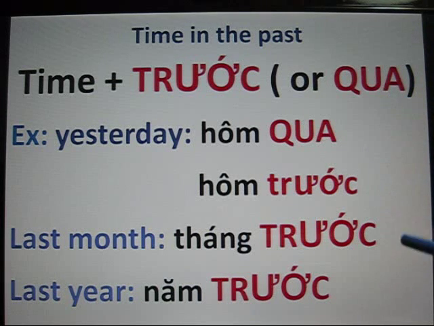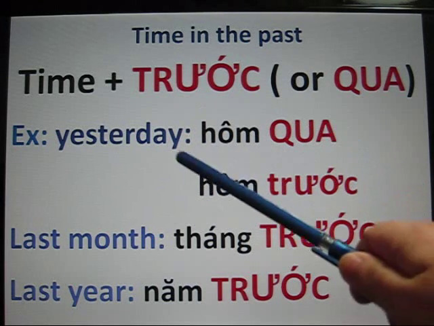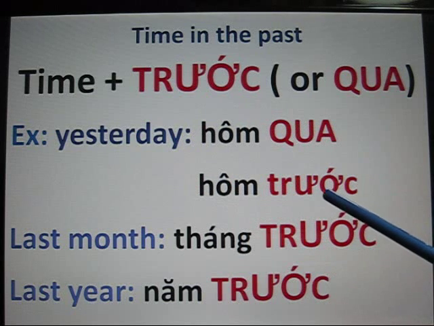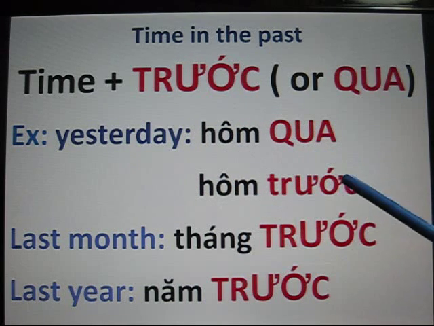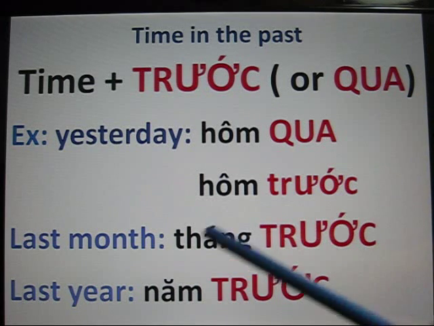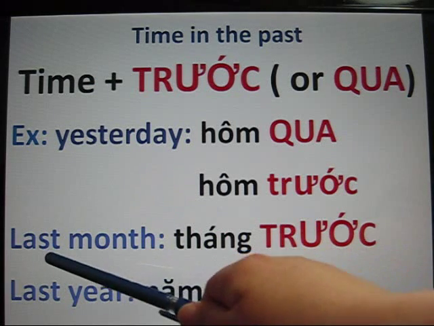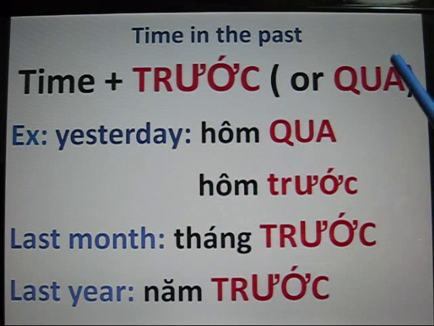We can see examples so that it's easier for us to understand. Yesterday is hôm qua or hôm trước. Because yesterday has two words here, I think you should study both of them, because some people use hôm qua, some people use hôm trước. Last month, you can remember that last is trước or qua.